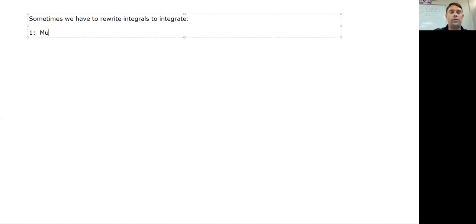The first one is to multiply the top and bottom by the same number. Essentially, we're going to be multiplying by 1.